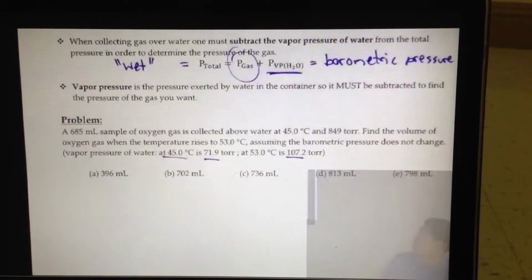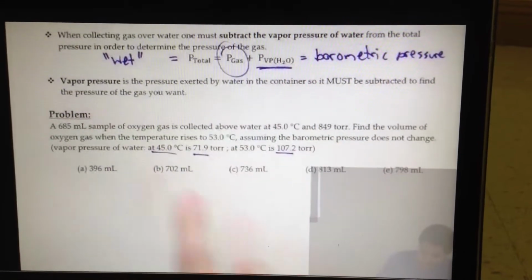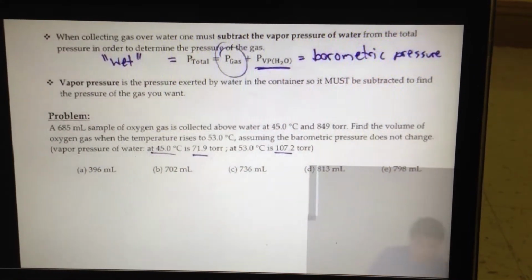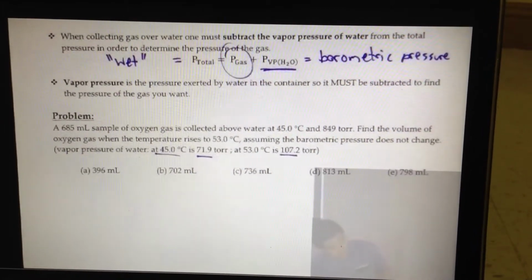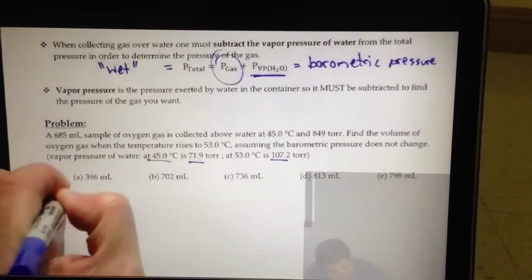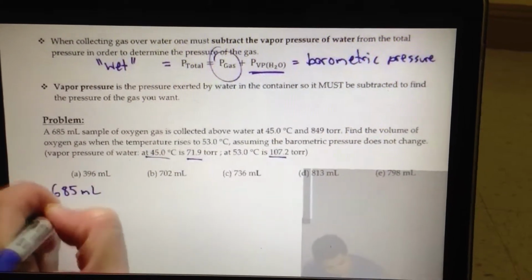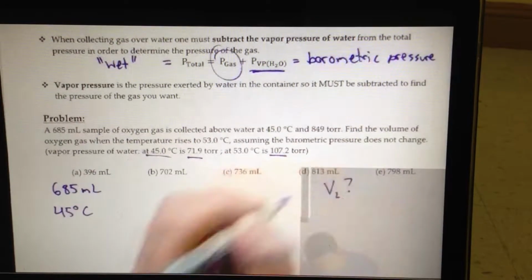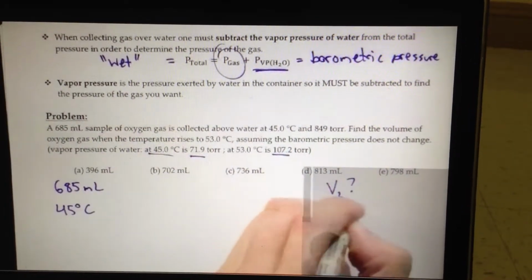See, right with that? So here we're going to notice that volume changes, temperature changes, and pressure changes. Because usually a lot of people just sit there and go, okay, 685 milliliters, 45 degrees Celsius, I want to find the new volume, all right? And it's at 53 degrees Celsius.